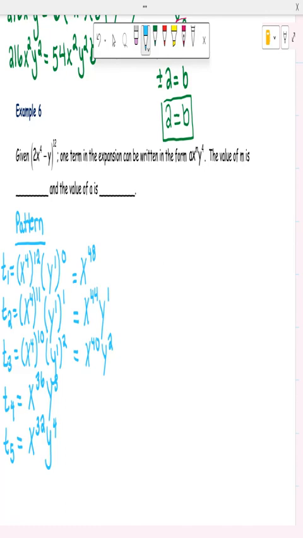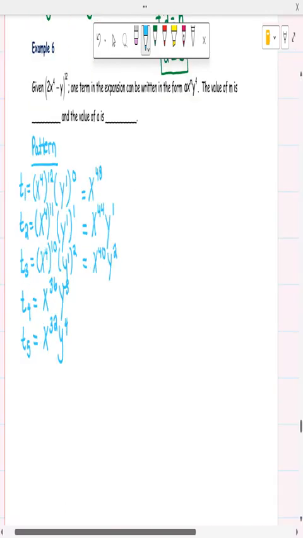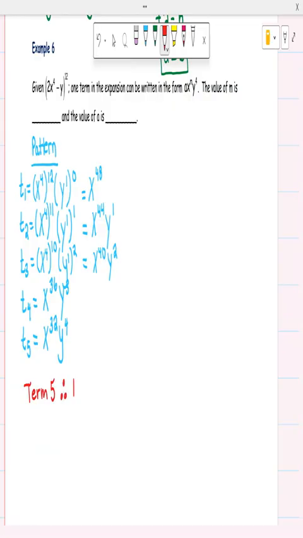Can I stop? Yes. So what we just figured out with the pattern is it is term 5. Since it's term 5, I know that k equals 4, and we also know that m equals 32. So I know the first piece.